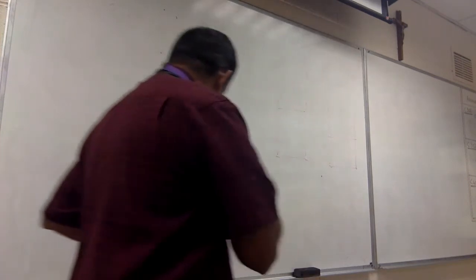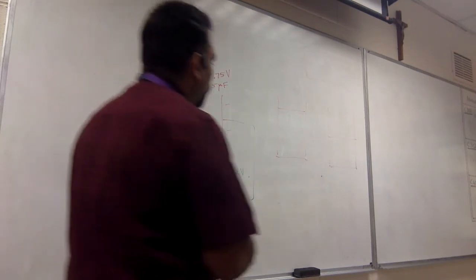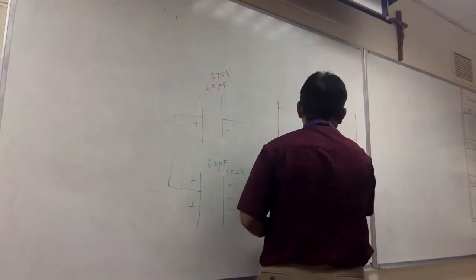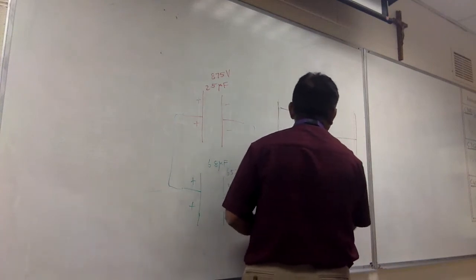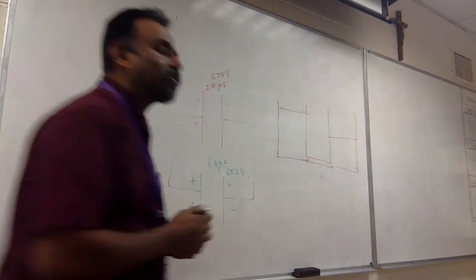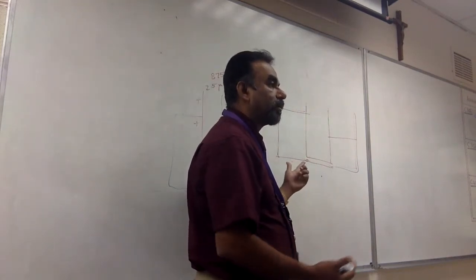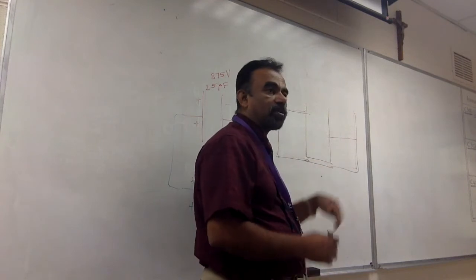Okay, so when you have this tank connected to this tank, this is the amount of water. So when you connect the two tanks together, what will happen? Water will flow from where to where? From the left to the right, water is going to flow.